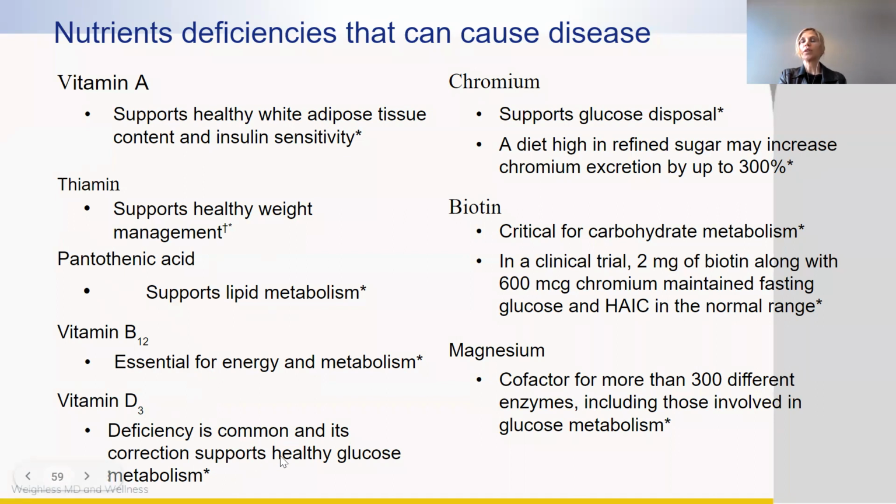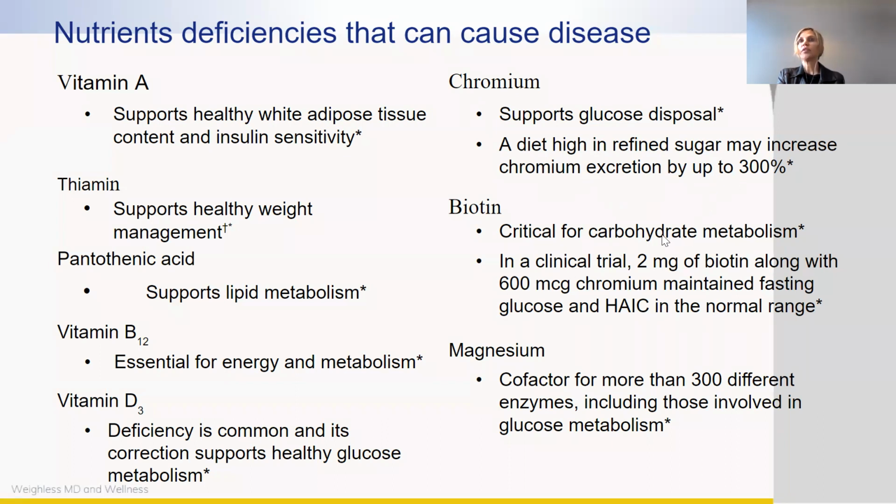Vitamin D, the majority of people are deficient, and that supports so many different systems in the body, but it's huge for the immune system and glucose metabolism. Chromium is huge for insulin, and we actually know that a diet high in refined sugar may increase chromium excretion by up to 300%.